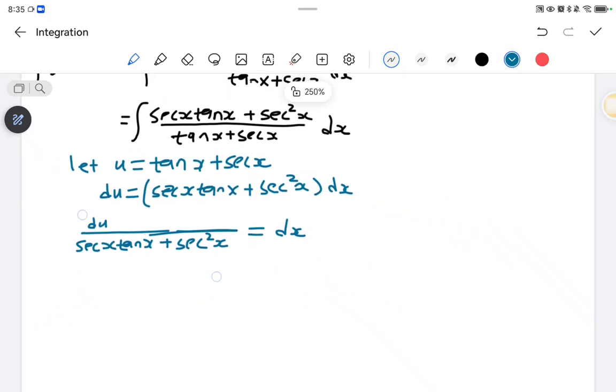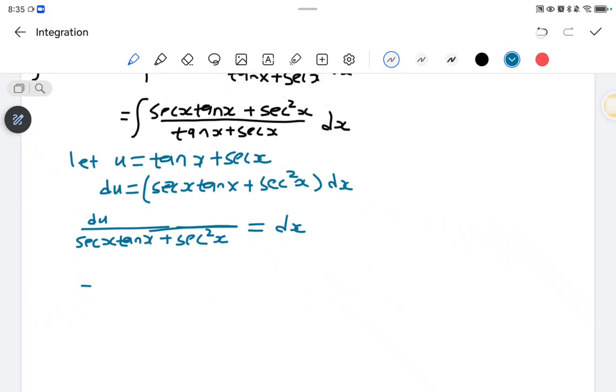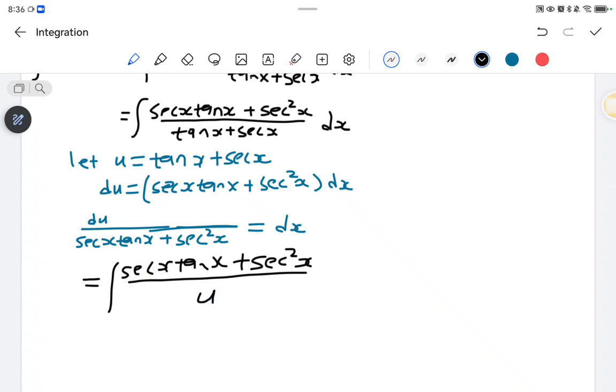Then from here, I just go back to substitute. We know that this will be equal to the integral of sec x tan x plus sec squared x all over u times du all over sec x tan x plus sec squared x. Then this will cancel out.